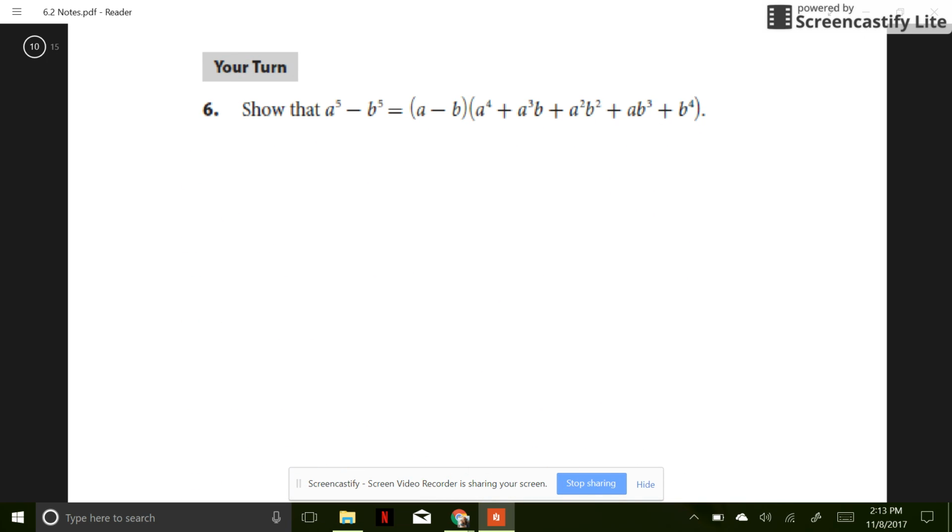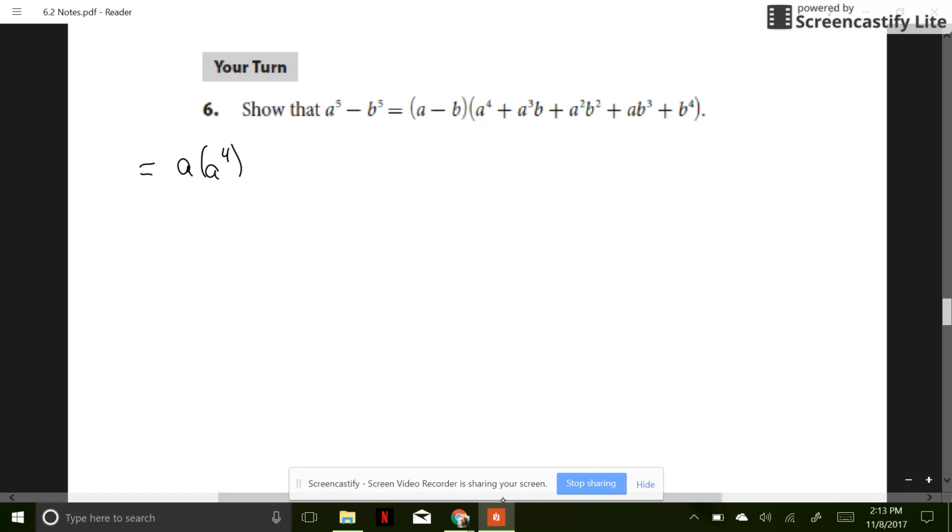So we want to do the same idea here. We're going to expand the right side, until we can cancel out terms and get to something that's more simplified. So we'll have to take a times each term.